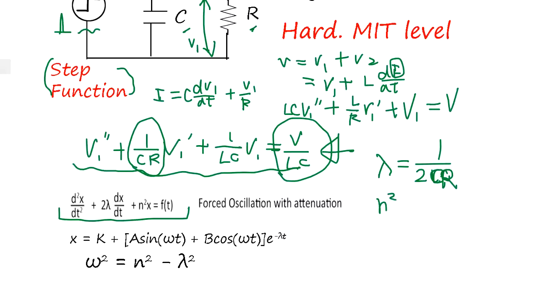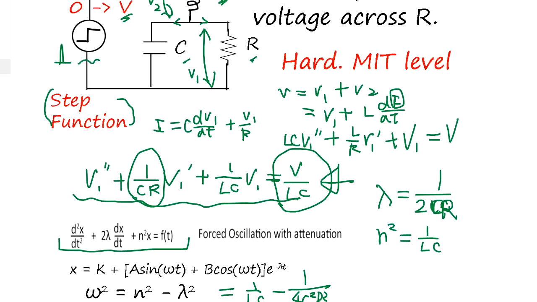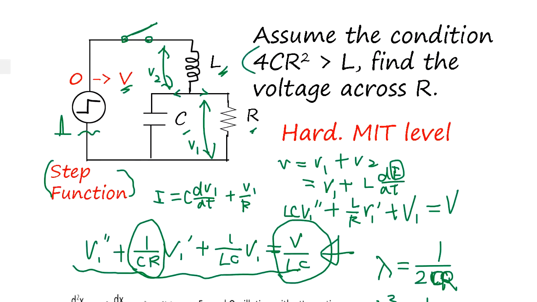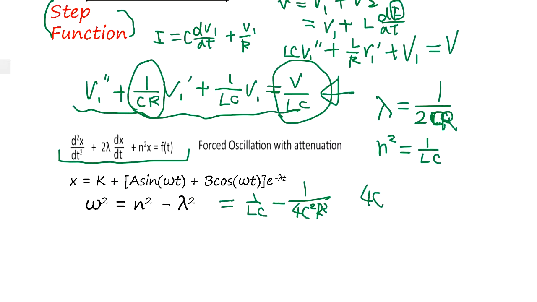And omega squared equals 1 over LC minus 1 over 4C squared R squared. Now one of the conditions is that this is larger than the other term, in other words 4C squared R squared is larger than CL.